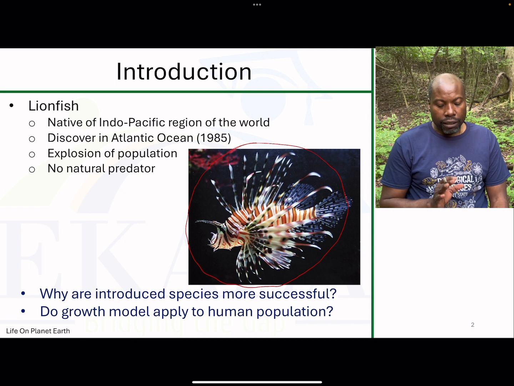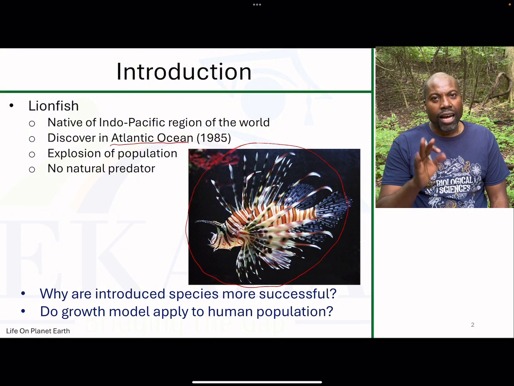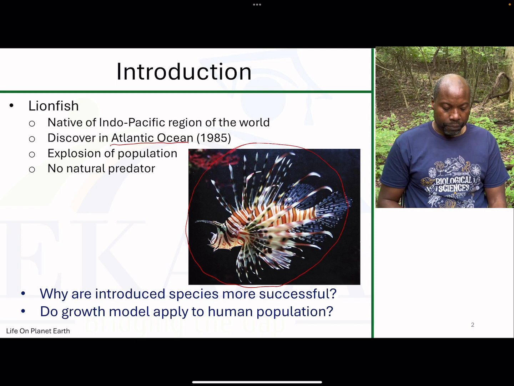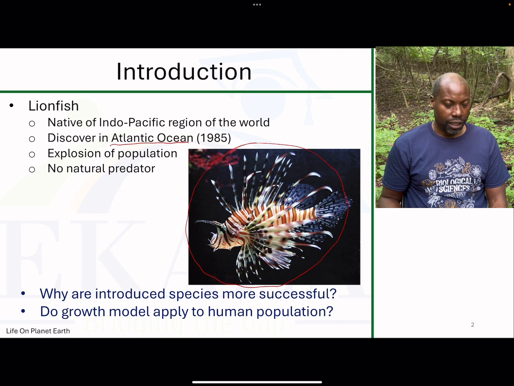This is where these organisms occur naturally. However, this organism was discovered in the Atlantic Ocean around 1985. Since then, there has been an explosion in the population of the lionfish, right?